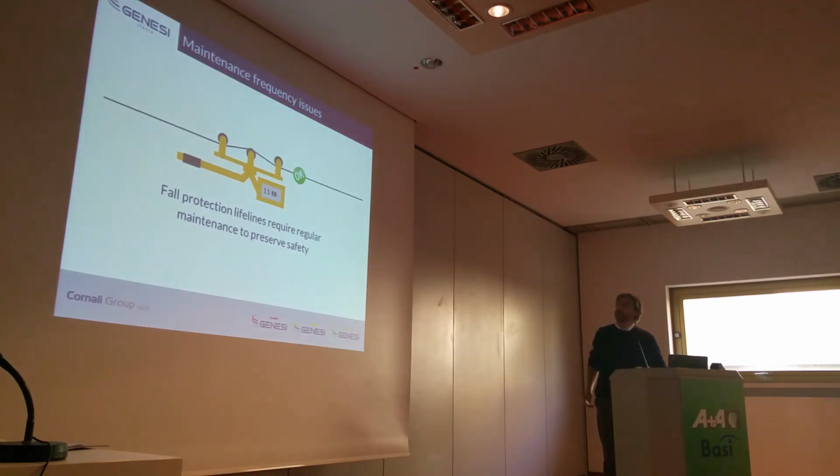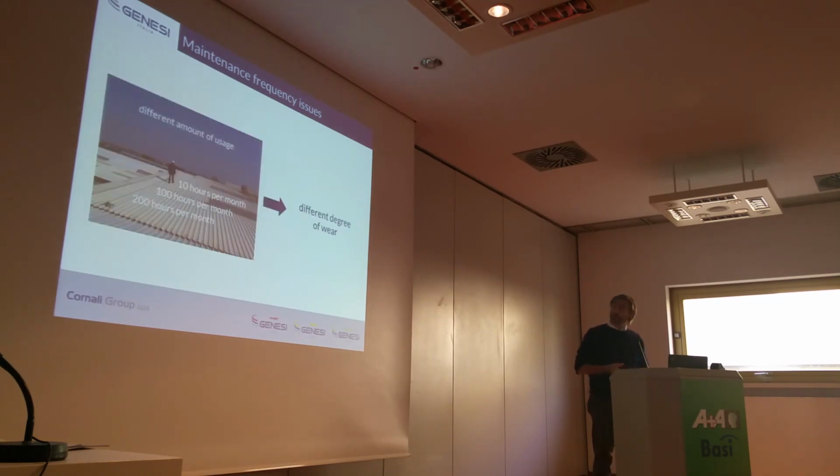On the other hand, passing to the maintenance frequency issue, we know that fall protection lifelines require regular maintenance to preserve safety. But different amounts of usage of a lifeline will exhibit different degrees of wear.